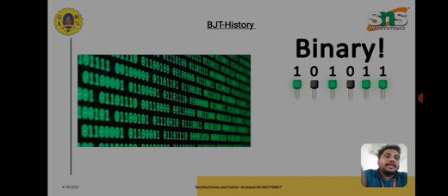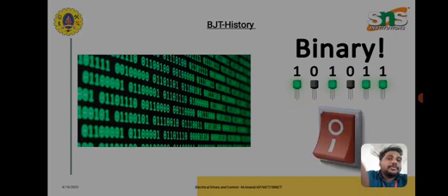What is meant by binary? We have already seen different types of Bollywood and advanced level Hollywood movies. They show these zeros and ones combinations for science fiction or advanced level technology movies. That represents only zeros and ones, that is binary.